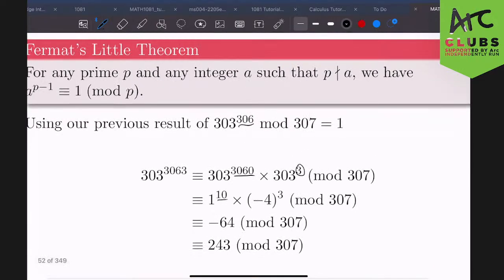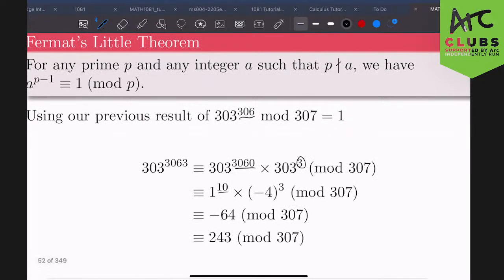In this case, we can see 303 mod 307 is clearly -4, and just applying the rules that we've learned in this course, that is the same as doing -4 to the power of 3.